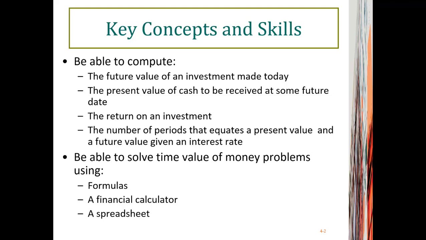The second thing that you need to be able to do is understand present value and how to calculate the present value of certain cash flows that will occur in the future. Here also you need to understand how to calculate present value based on three different methods: manual calculation, using a BA II calculator, and an Excel spreadsheet.